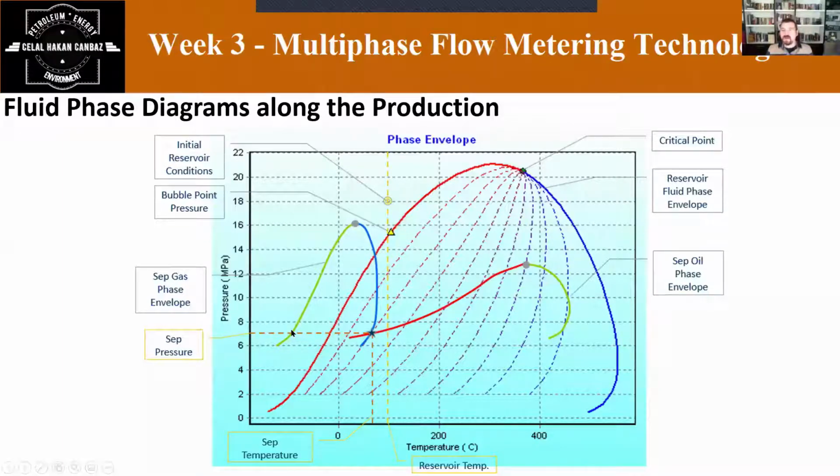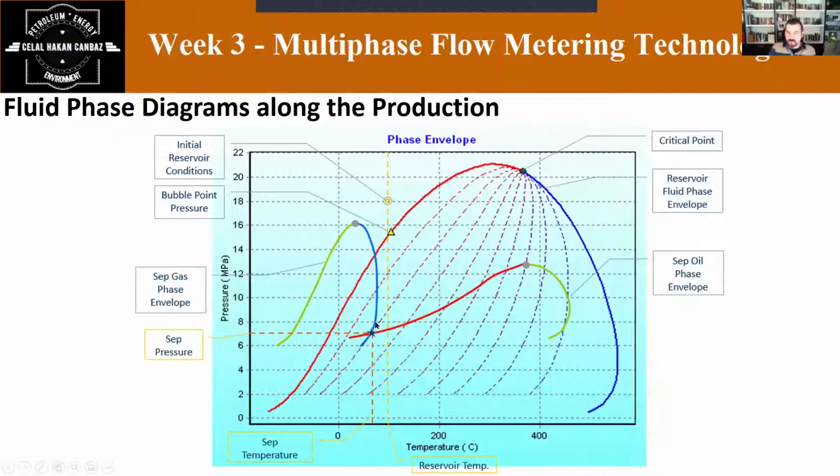Because the composition of your fluids changed. Because the composition changed, your light components will be separated from the heavy components. Heavy components will form a diagram like this, and the light components will build the diagram like this.